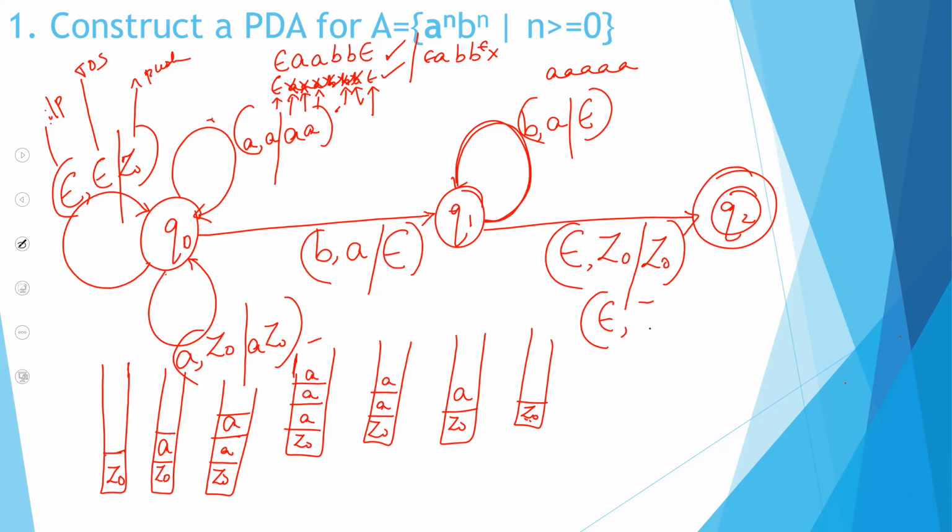You encounter epsilon, you have in your stack, top of the stack, Z0, and then you take off Z0. You can follow either this way of writing or this way of writing.